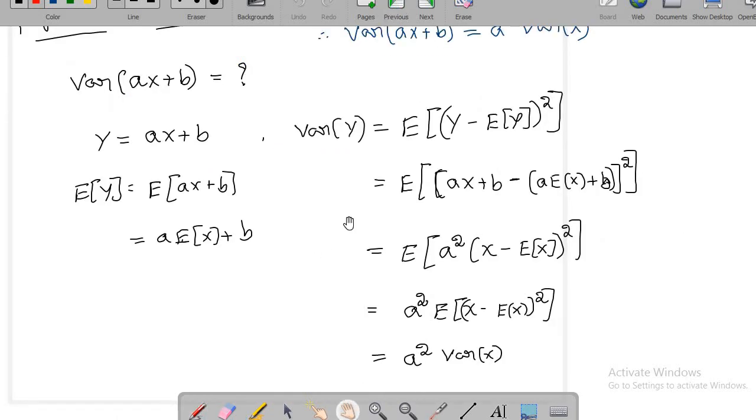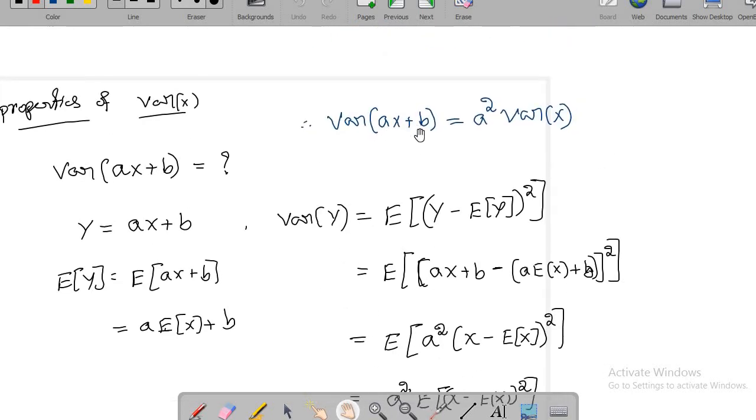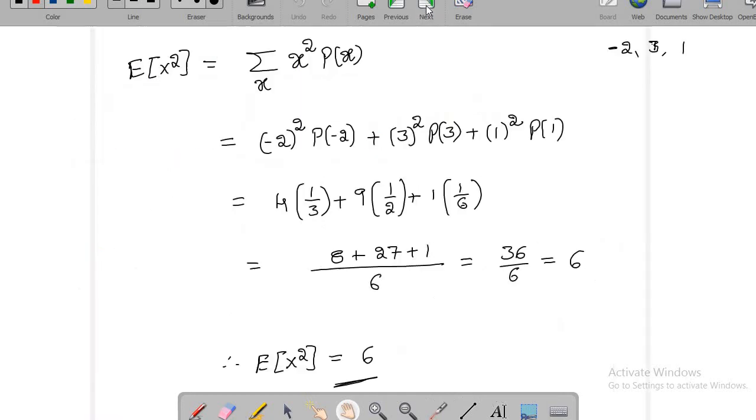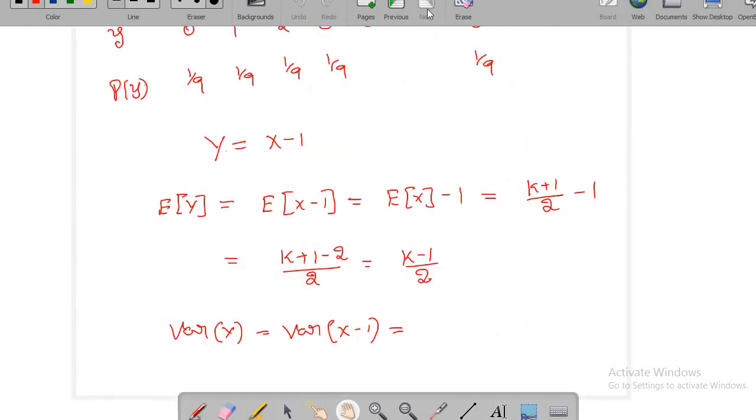Here is the property of variance: variance of (ax + b) equals a² into variance of x. Using this property, I can write this as 1² into variance of x, that's it. So this is the same as the previous result, (k² - 1)/12. There is no change in the variance, whereas there is a change in the mean.